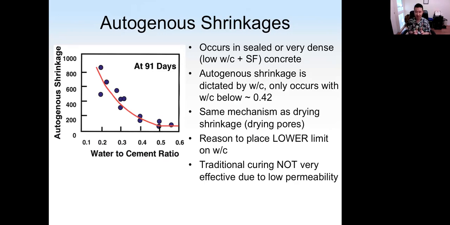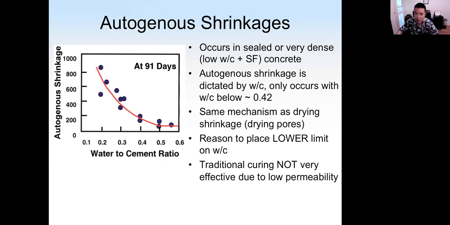If that's the case, even if we cure the concrete and spray some water on the surface, the concrete can still have autogenous shrinkage because the pore structure is so dense that the water from curing will not penetrate and increase RH inside the concrete.